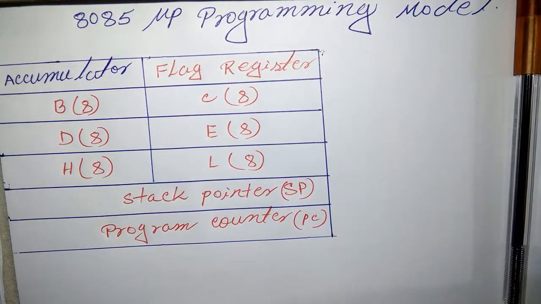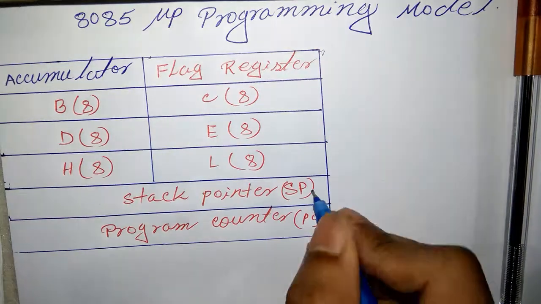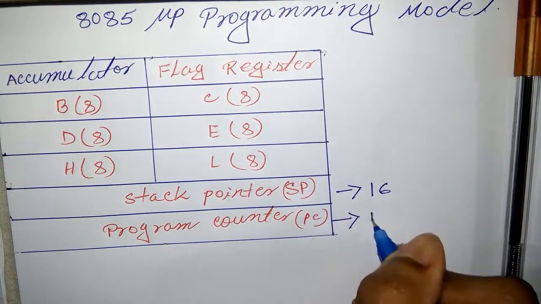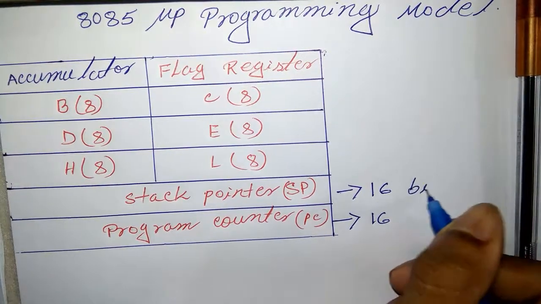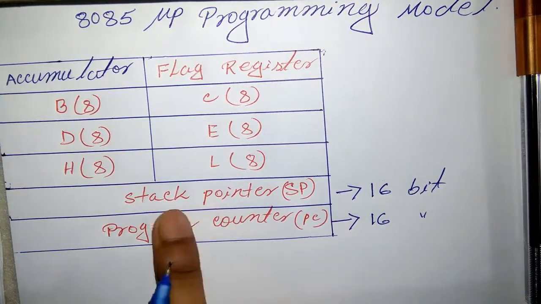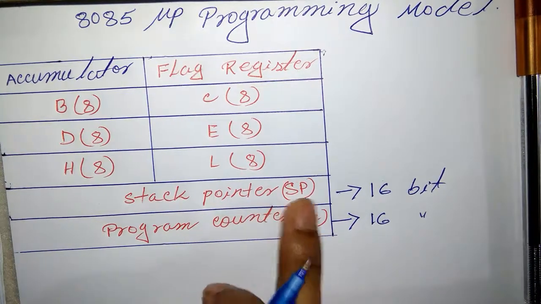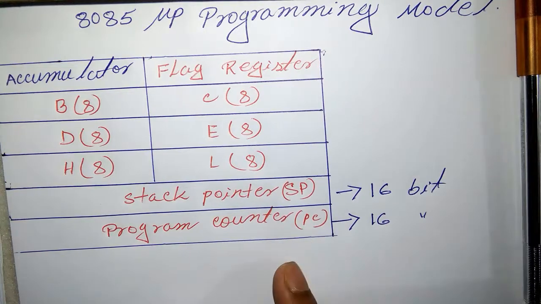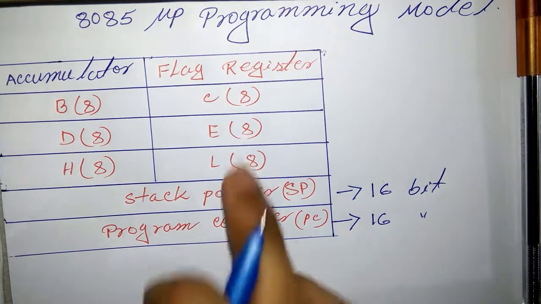In addition, it has two 16-bit registers, the stack pointer or SP and the program counter or PC, described below.